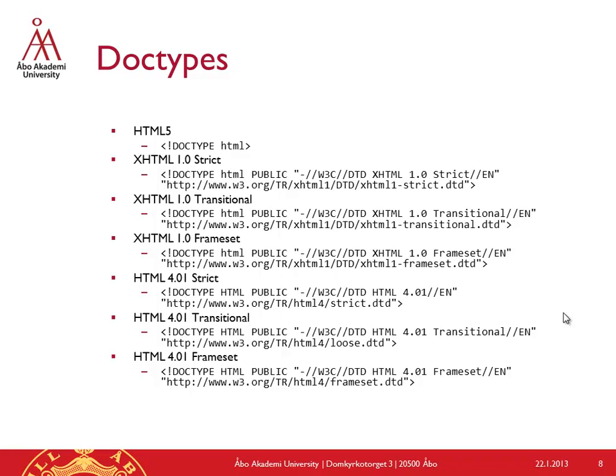For HTML5, this doctype is very simple. You can see it here. For the previous versions of HTML or XHTML, it is more comprehensive. It contains a link to a specific structure, the specific scheme of this document. And by parsing these lines, the browser knows which version you use in your HTML.